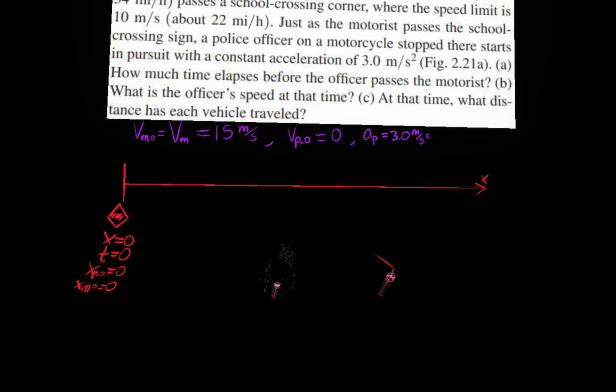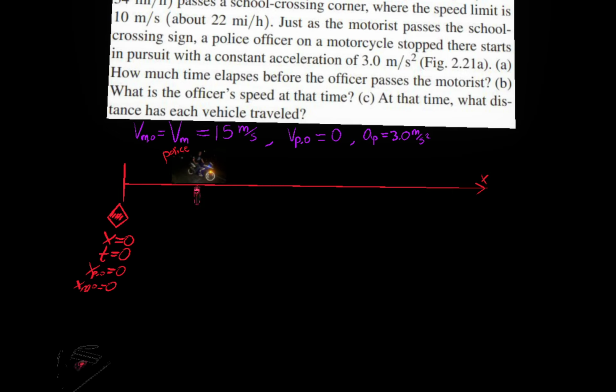So the policeman is a motorcyclist. And this is at some time later. But this is the policeman. Police. Because he's the motorcyclist, motorcycle police.